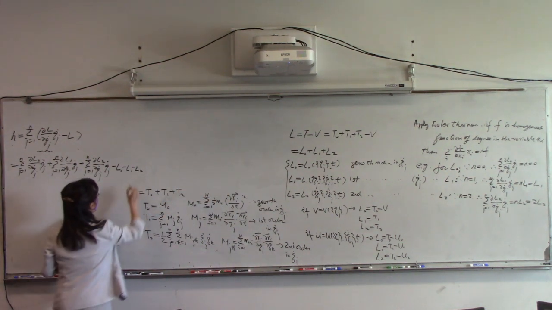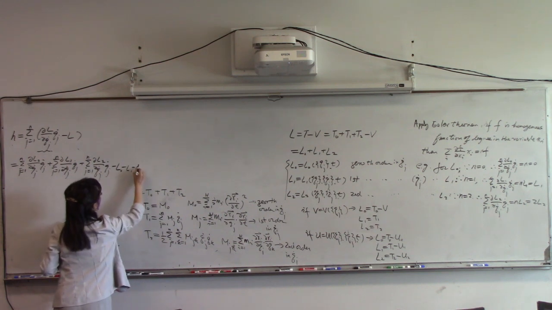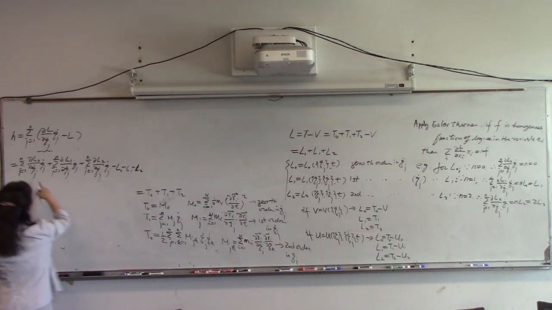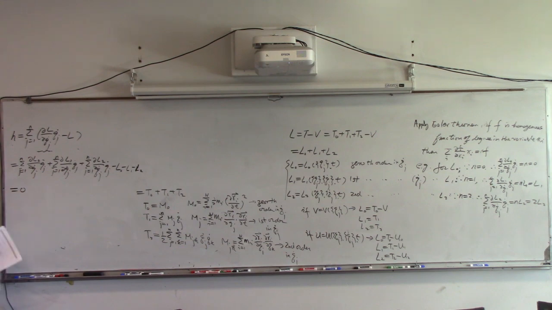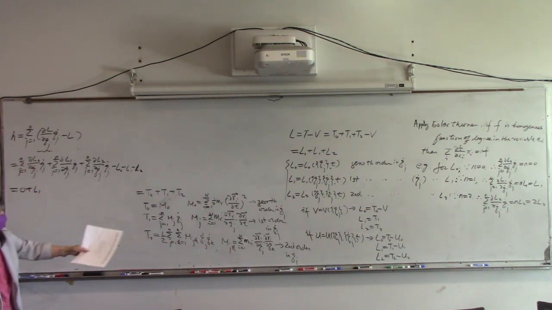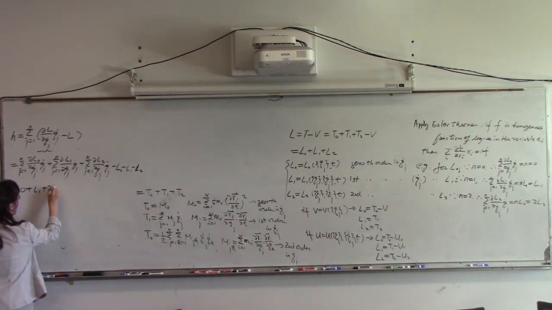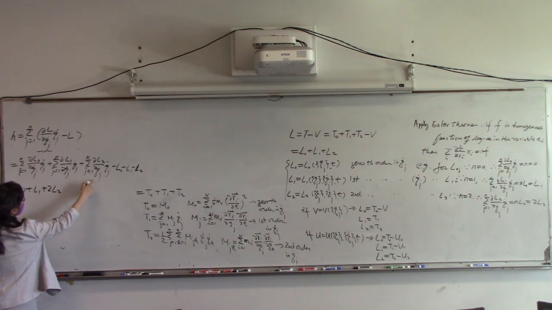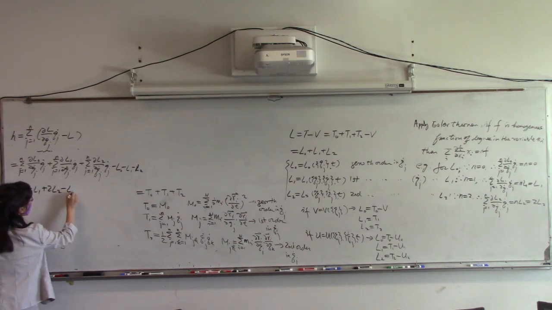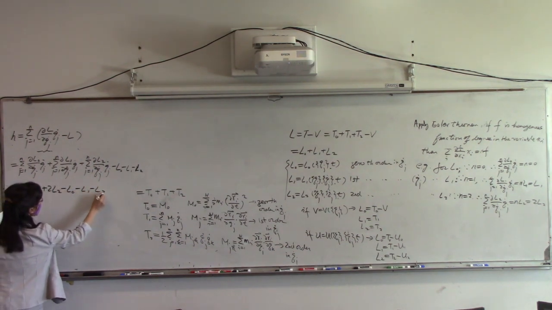Okay. So now we're going to apply this. The first term is 0, which is very easy if we apply the Euler theorem. The second term is L1. The third term is 2L2. And then minus L0, minus L1, minus L2.